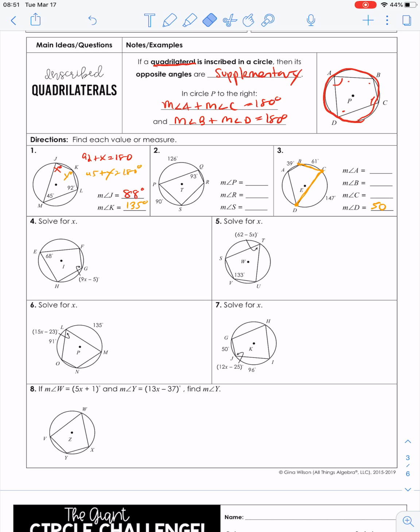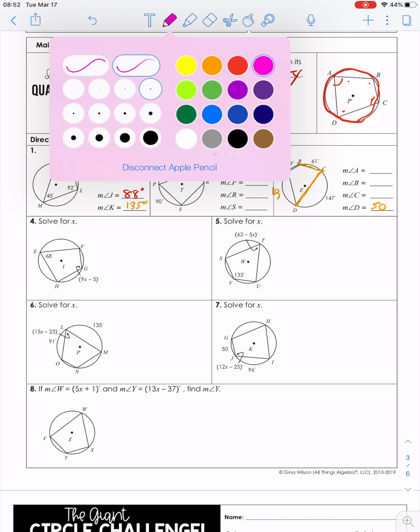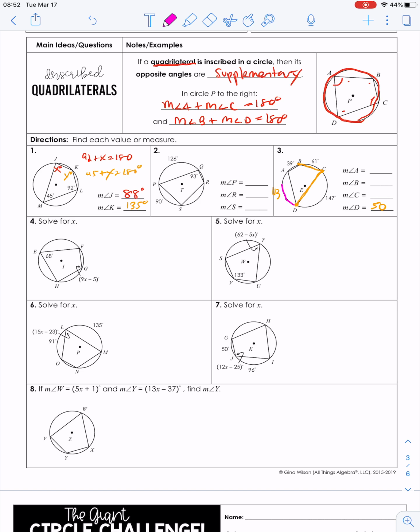The whole thing is 152. This part is going to be 113. Check your answer. 113 plus 39 plus 61 plus 147. Does that give you 360? It should. And so angle C is using this arc.